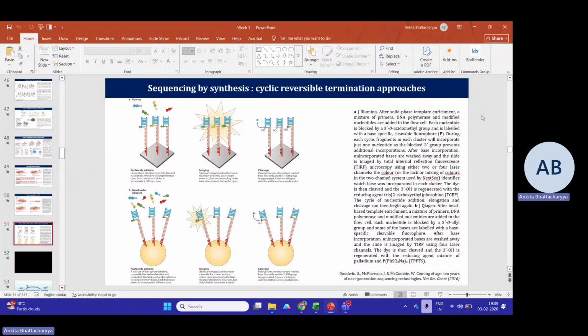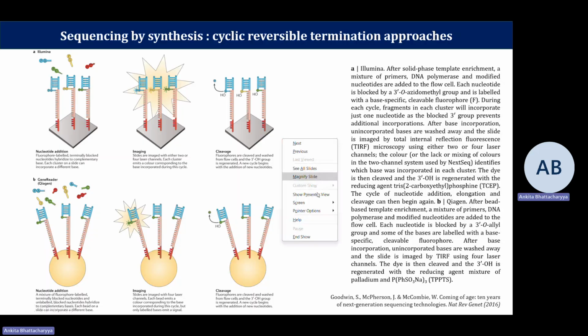The second strategy, which is used by GeneReader, owned by Qiagen, involves nucleotide addition, where you have 3 or 4 labeled terminally blocked nucleotides and unlabeled blocked nucleotides.